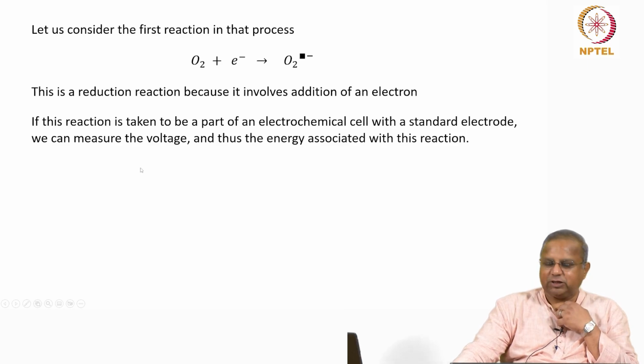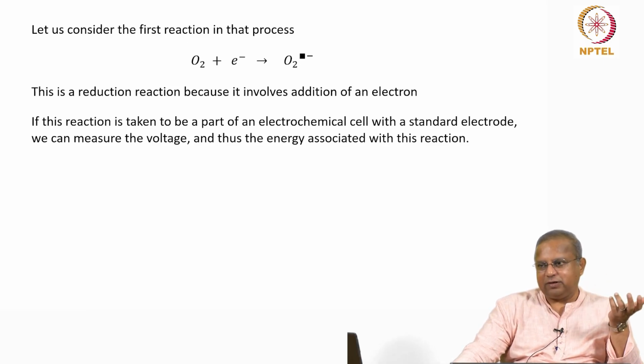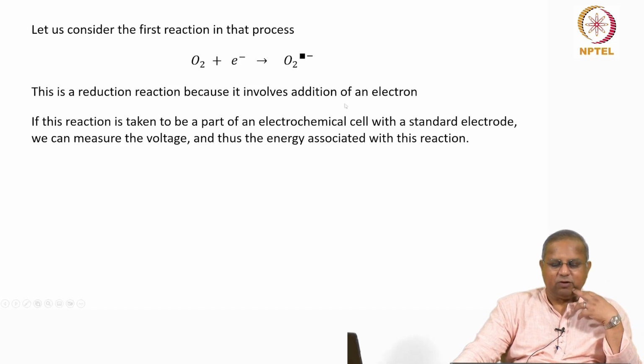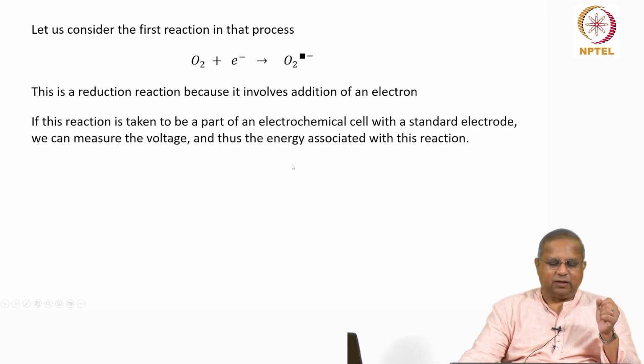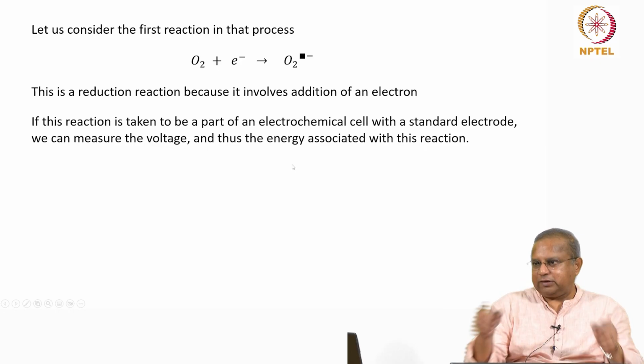If this reaction is taken to be a part of an electrochemical cell with the standard electrode, we will recall what a standard electrode is. You have this half reaction, you pair it with a standard electrode, and then you measure the voltage that those two put out.